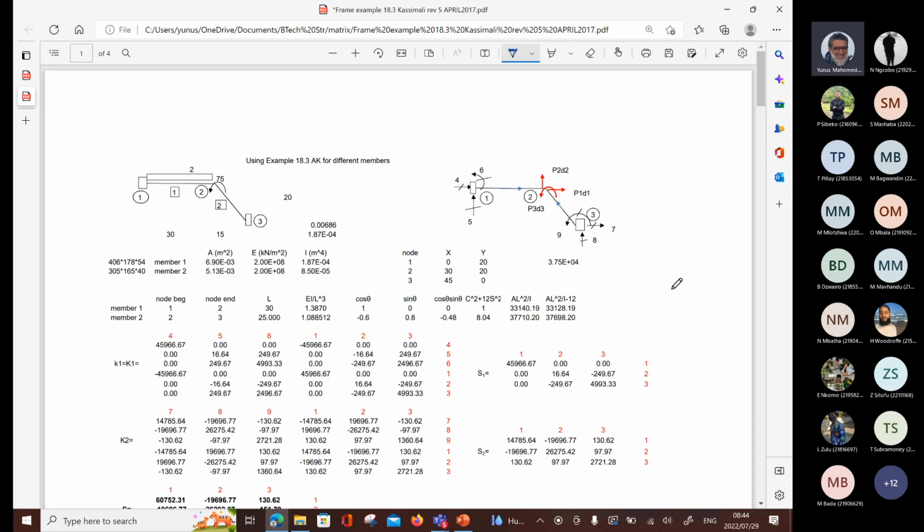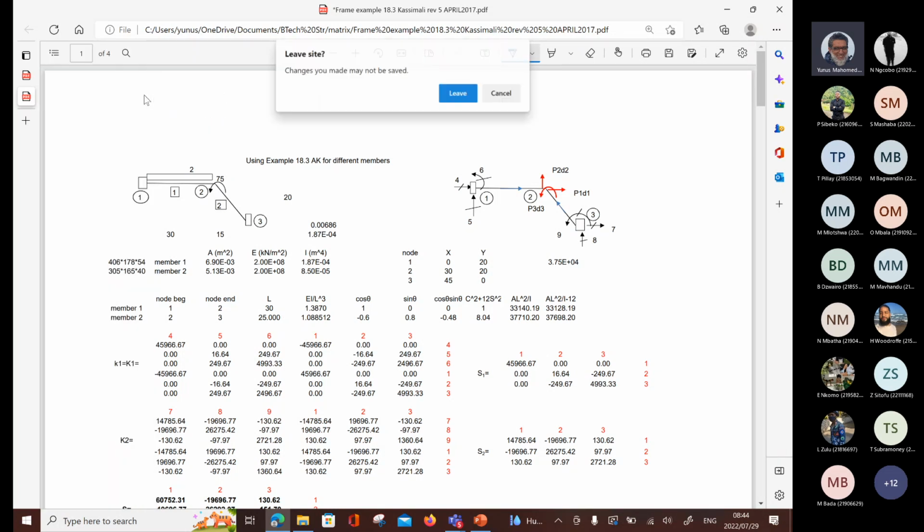Slope deflection, where we start with identifying the displacements. And the third one is virtual work, which is a bit different, and I don't want to create any confusion with that one right now, so we'll talk about that later. Any questions on that?